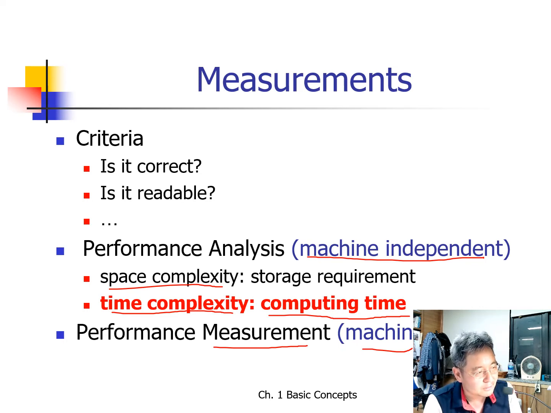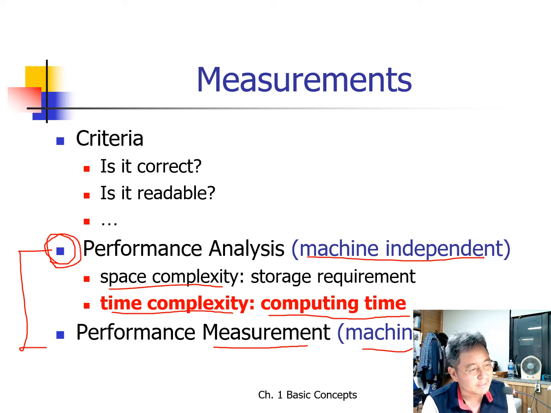So both methods are used in evaluating algorithms, but which one is more objective or more fair? I think the machine independent method is the better measurement to decide which algorithm is good.